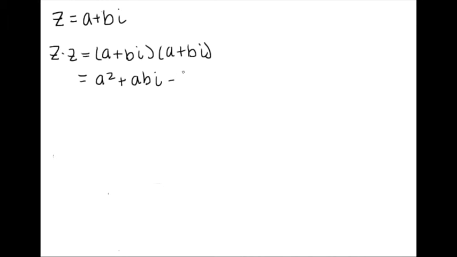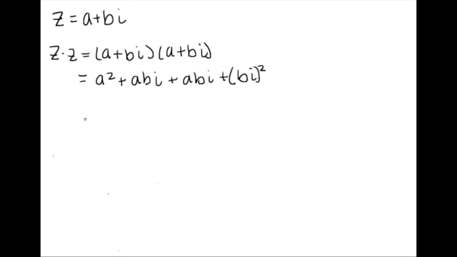Since we saw that z is a single value, this means we can multiply 2 vectors in the complex plane together, which is something we can't do in the Cartesian plane. Let's try multiplying z by itself. So z times z equals a plus bi times a plus bi, which equals a squared plus abi plus abi plus bi squared.